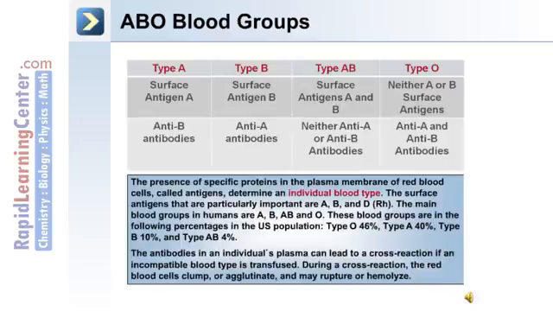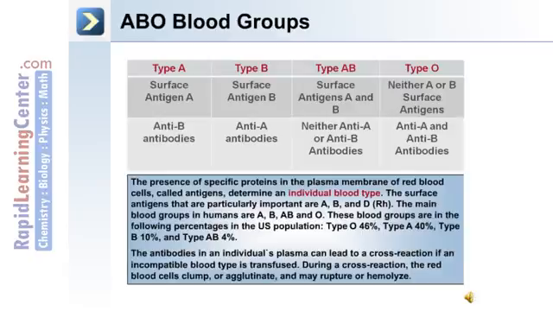The antibodies in an individual's plasma can lead to a cross-reaction if an incompatible blood type is transfused into that patient. During a cross-reaction, the red blood cells clump or agglutinate and may rupture or hemolyze. Let's look at this table to see the features of each blood type. Type A has a surface antigen A and anti-B antibodies.